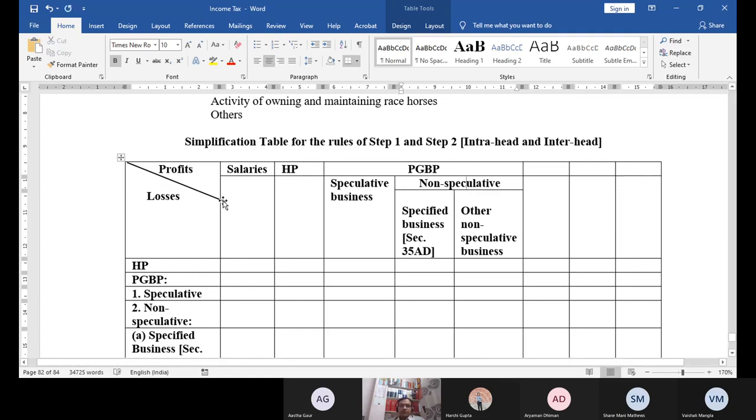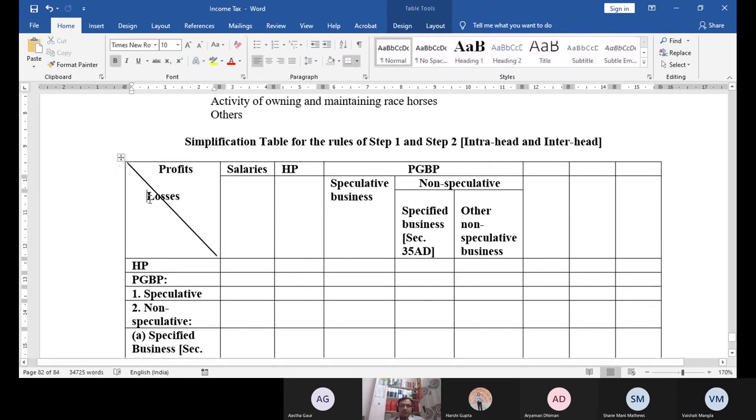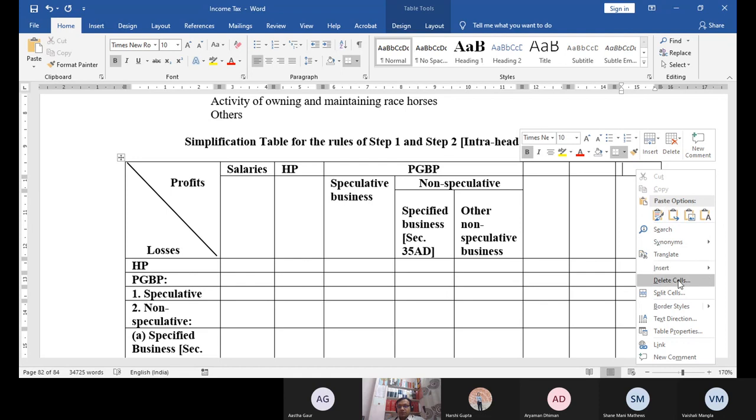I hope you are getting this structure of my presentation, that what I want to convey to you. Now I have capital gains also.